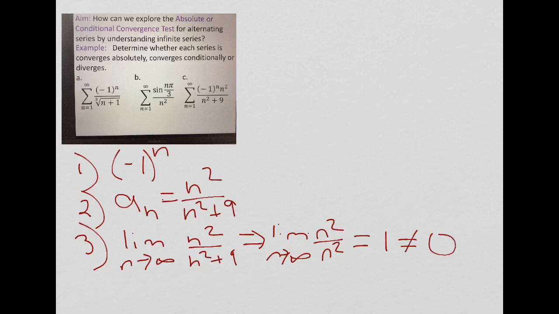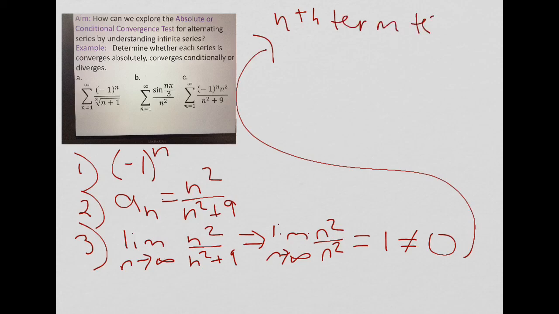Now that means that it's probably divergent, so we have to make sure that it makes sense. It does. So again, this is not equal to 0, so by the nth term test, this series, this one right here, I have to erase that, diverges.